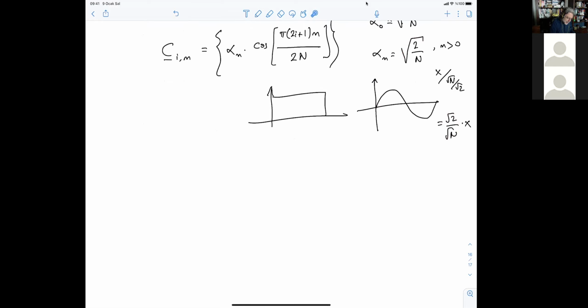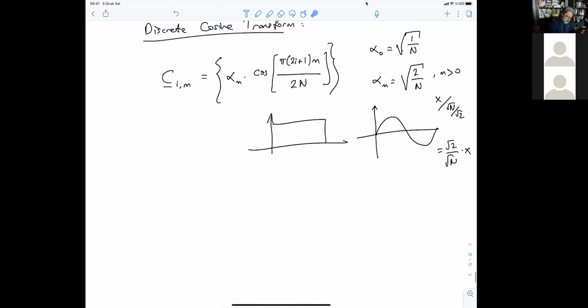So whenever m is different than 0, it becomes a sinusoid and its norm is reduced by square root of 2. So the normalization factor is not divided by square root of capital N anymore, but it is divided by square root of N divided by 2, which gives you this.